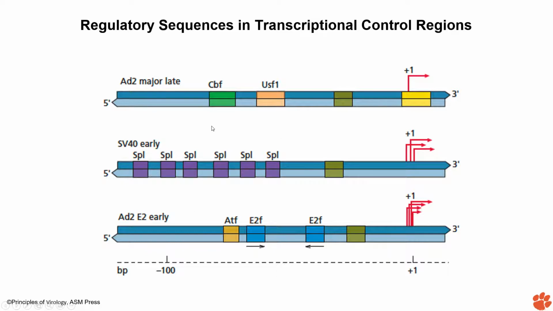Whereas this is the adenovirus major late promoter, an early promoter does have a different sequence. And here we are going to see that this is the E2F binding site. E2F, we are going to see in a later part, is a eukaryotic transcription regulator, and we are going to see the function of this E2F.